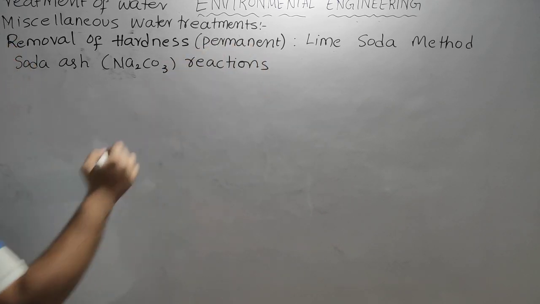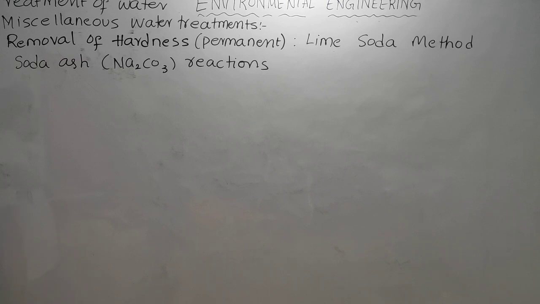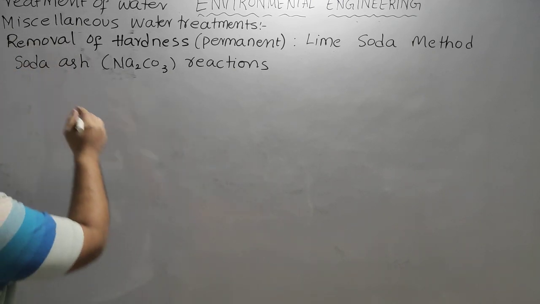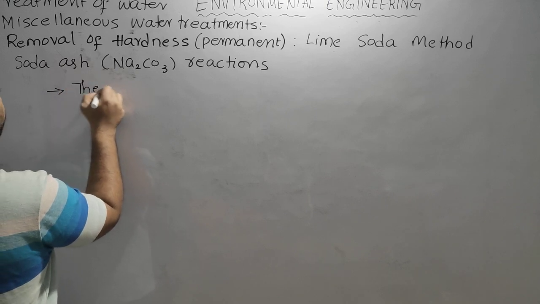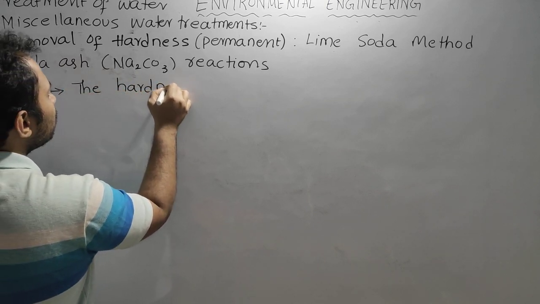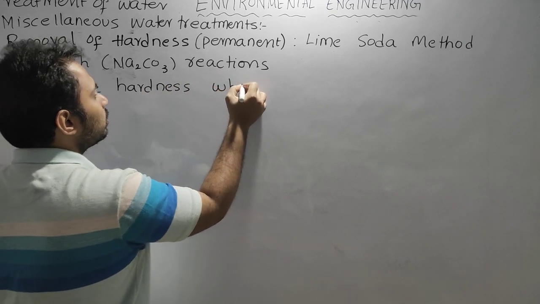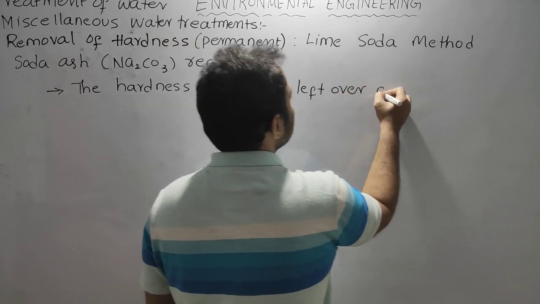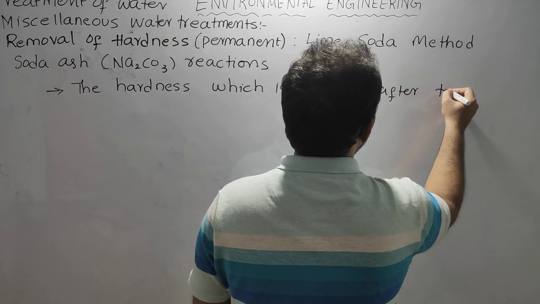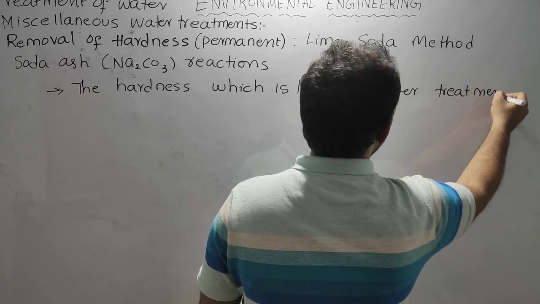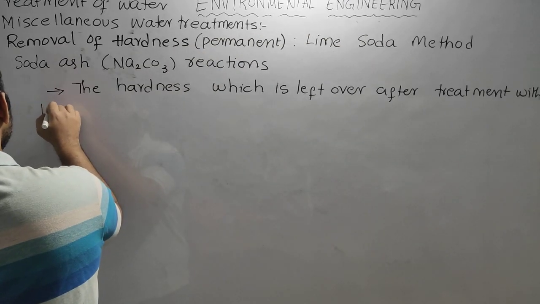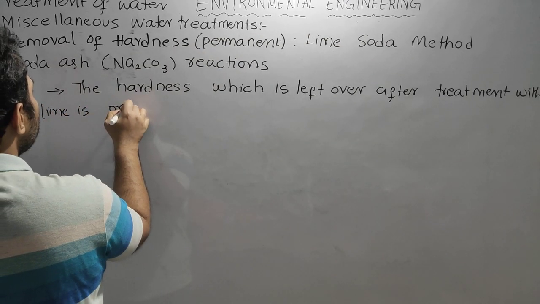Earlier the magnesium hardness is not yet removed. Magnesium hardness is converted into calcium hardness. Now the hardness which is left over after treatment with lime, what is it? After treatment with lime it is only calcium permanent hardness.